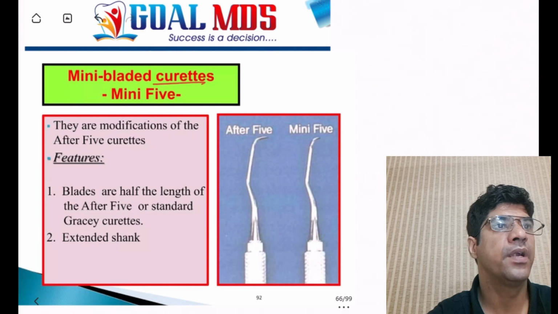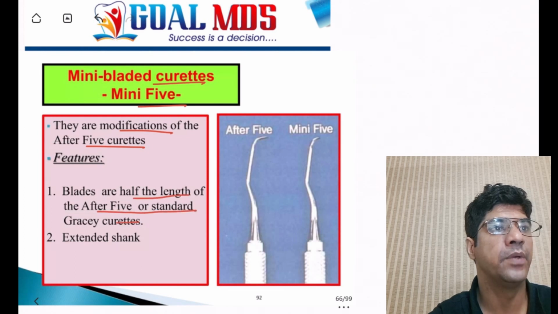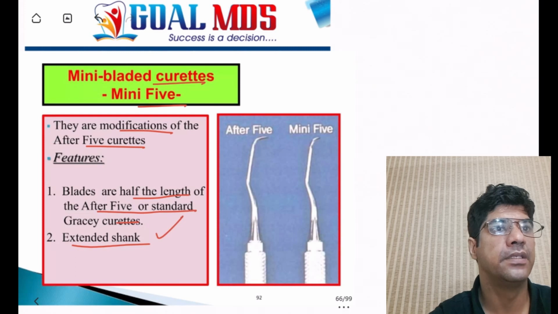Mini bladed curette, Mini Five, is a modification of After Five. Blades are half the length of After Five or the standard Gracie curette with extended shank.